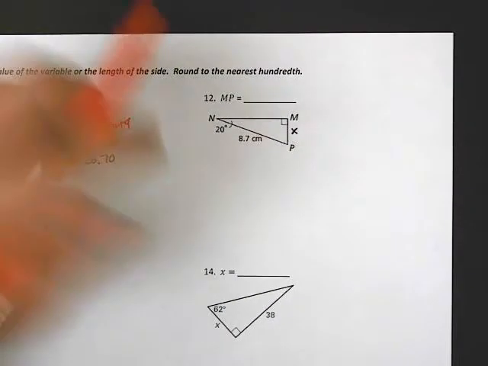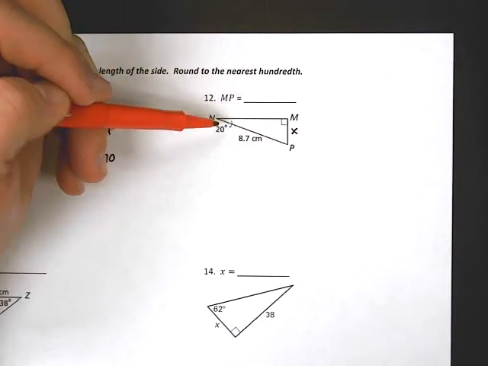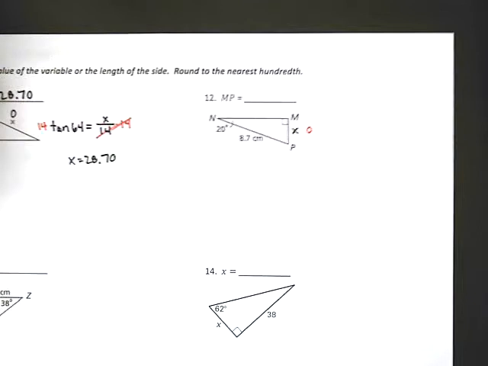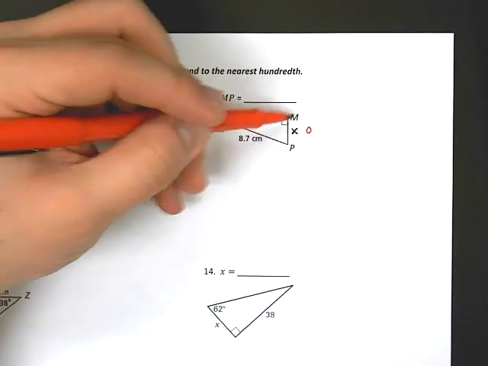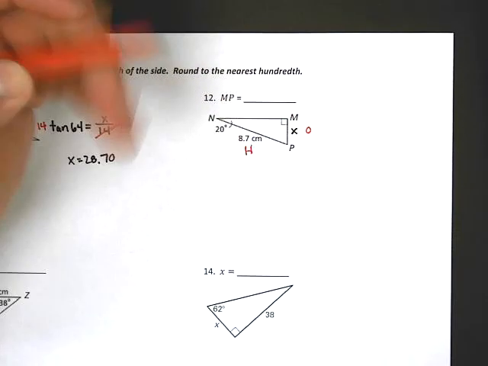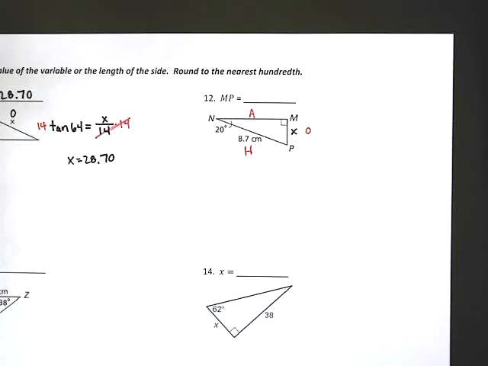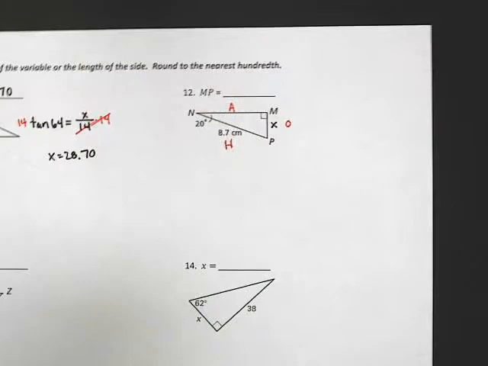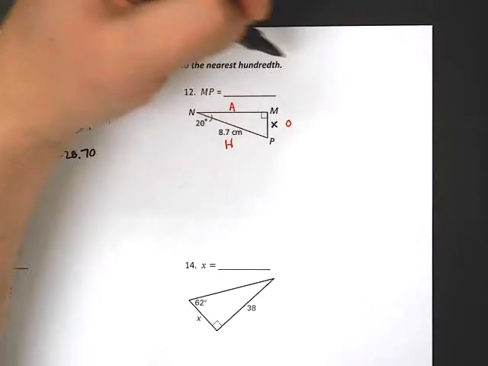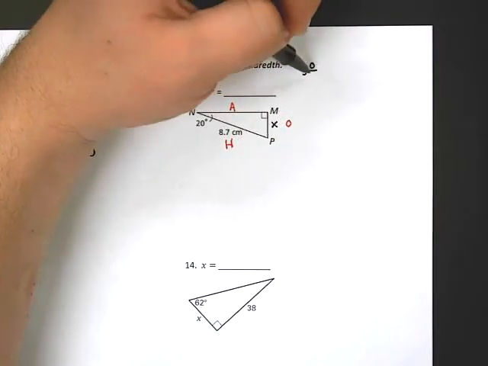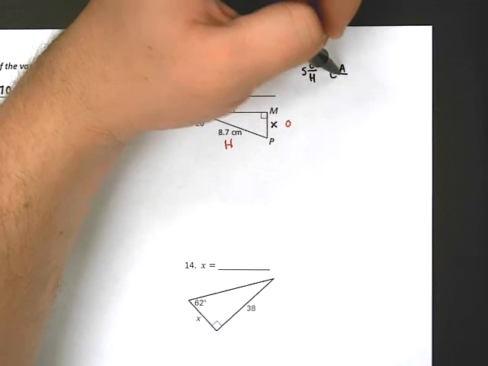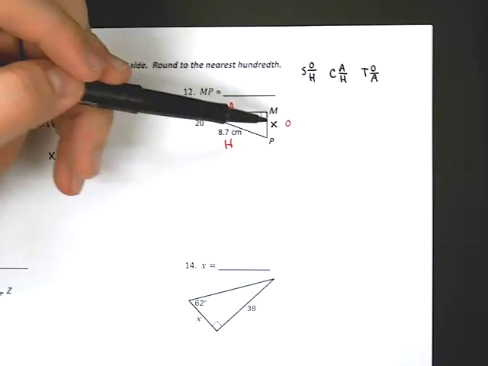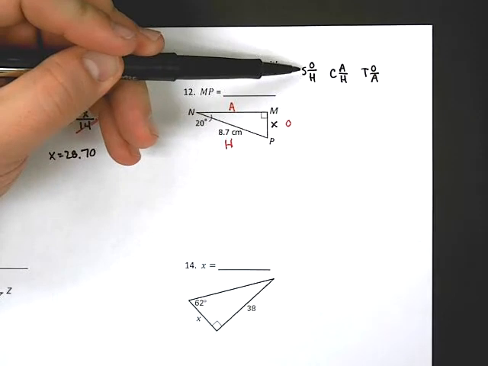So now that I know that I'm looking for this x, which, if this is 20 degrees, oh, then this is my opposite, and across from a right angle is always the hypotenuse, and then again, that'll be my adjacent. Well, I know that I have to use, oh shoot, I forgot to write this earlier. Opposite, hypotenuse, oh, that's sine, okay?